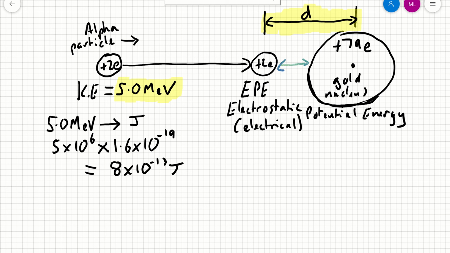Okay, so we've got energy in joules, and that kinetic energy basically becomes this EPE. It gets transferred to it. But we need a formula for this EPE.